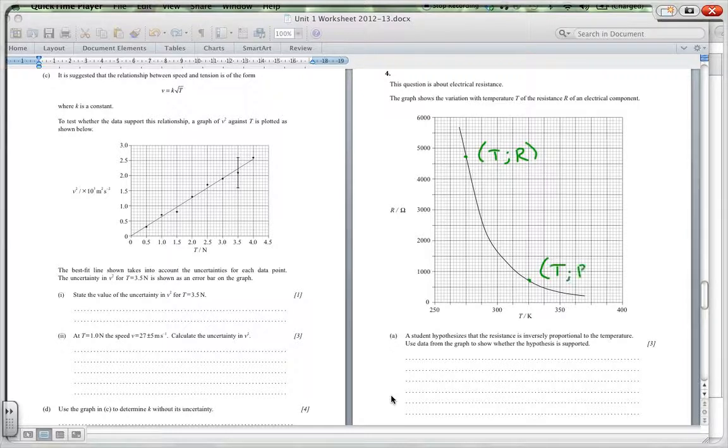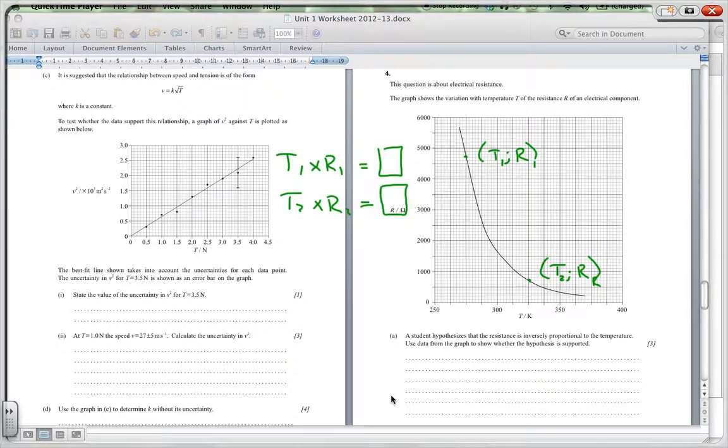Let me call these T1 and R1, T2 and R2. If this is an inversely proportional relationship, then T1 times R1 and T2 times R2 should equal the same value. So we'll multiply them out and see what happens.